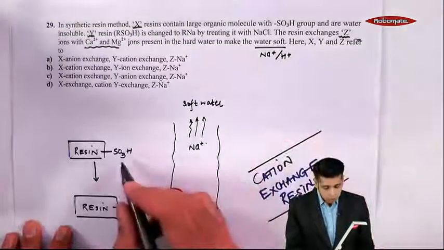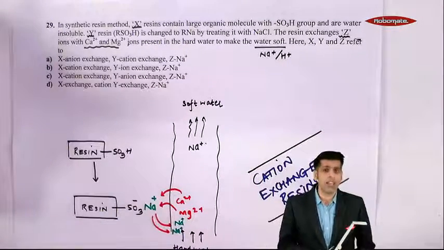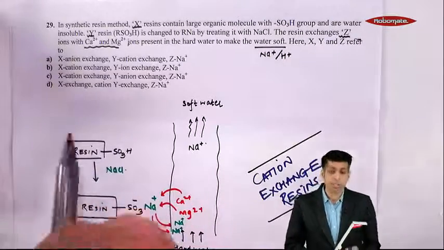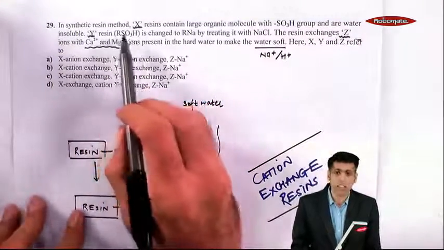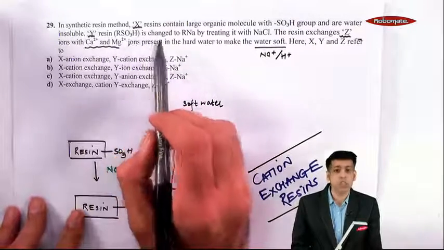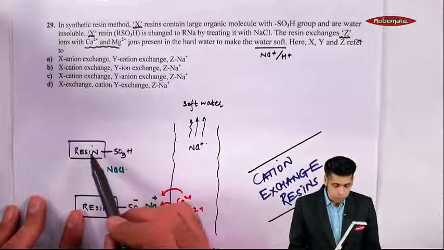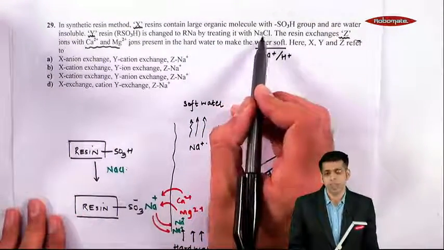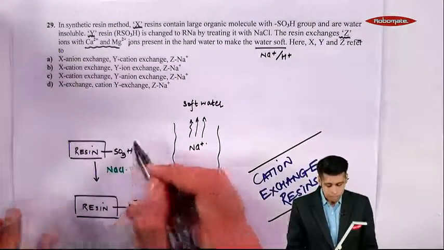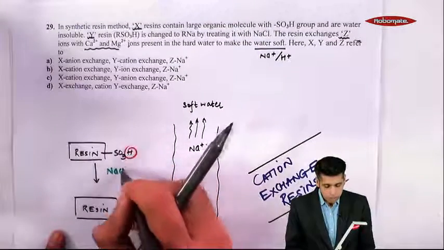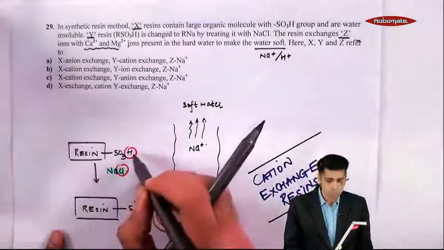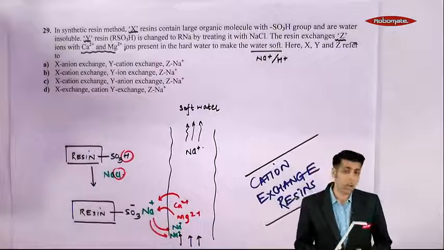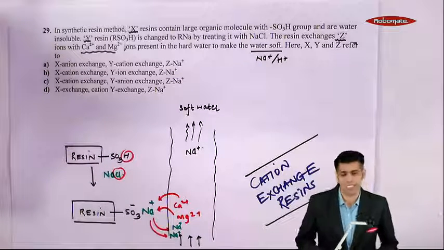And it was this resin which actually reacted with NaCl, because if you now see in the second line that this resin is RSO3H which is changed to RNa. So this is my resin Na by treating it with NaCl. So when you treat it with NaCl, it is this H and Cl which was coming out, and Na was taking the place of H and becoming RSO3Na. So now I hope students this is making sense.